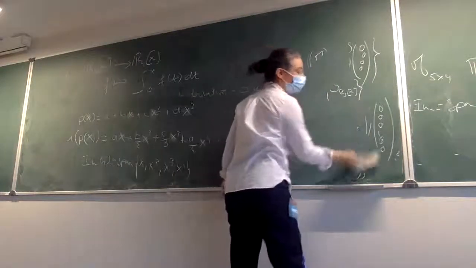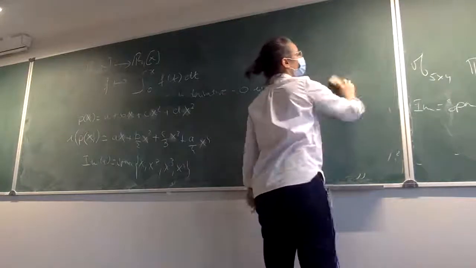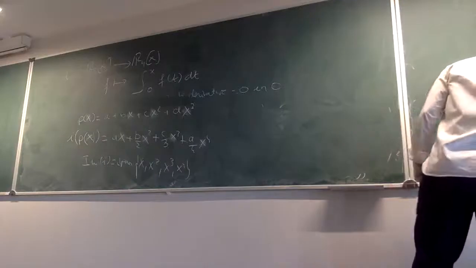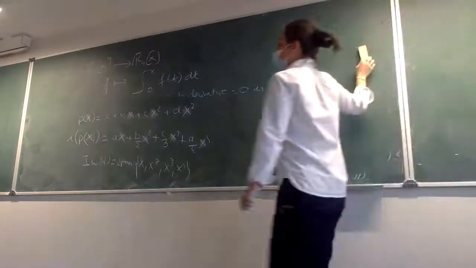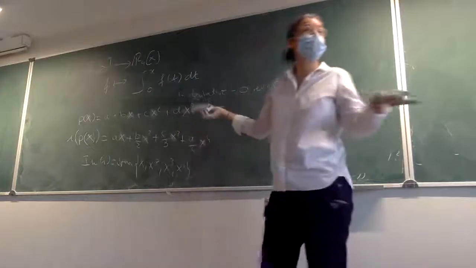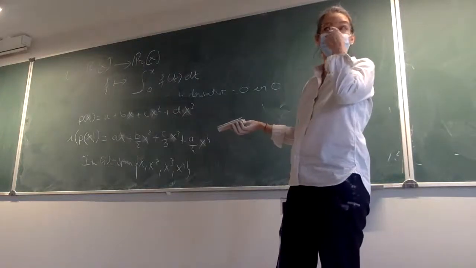So what's going to change? I can't make the matrix representation, and I don't have this explicitly because it could be any continuous function.